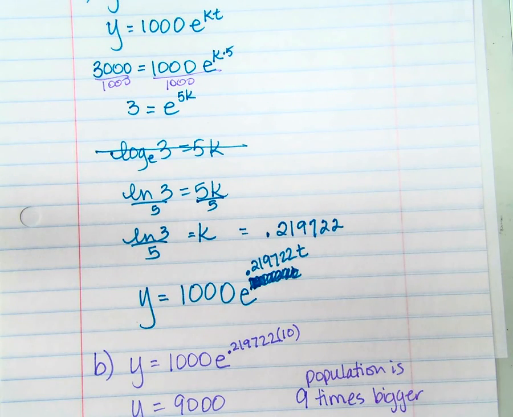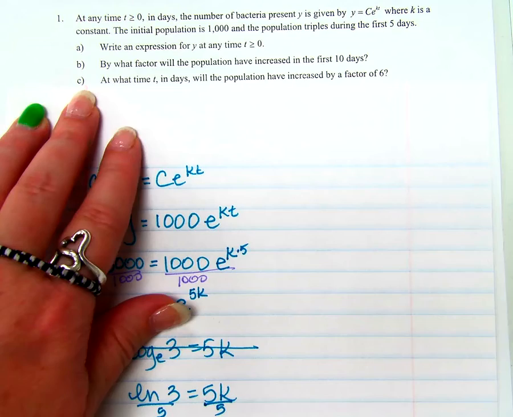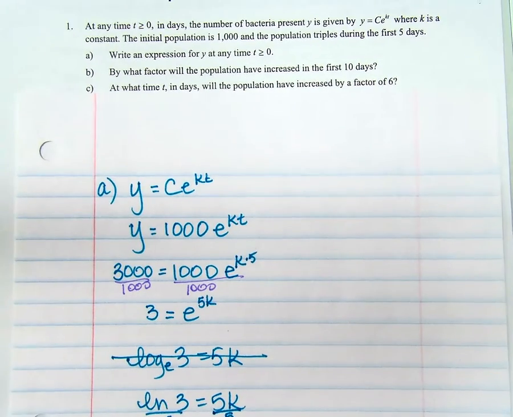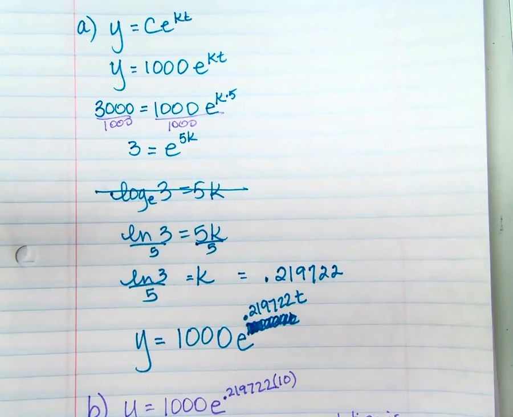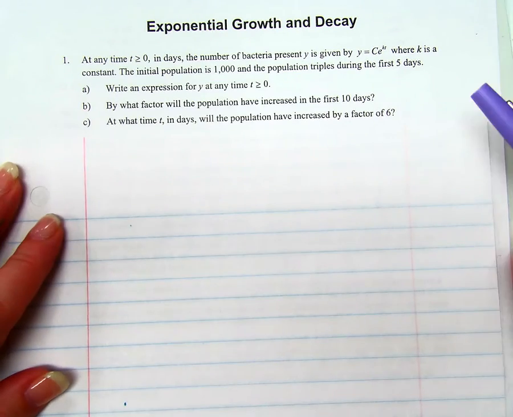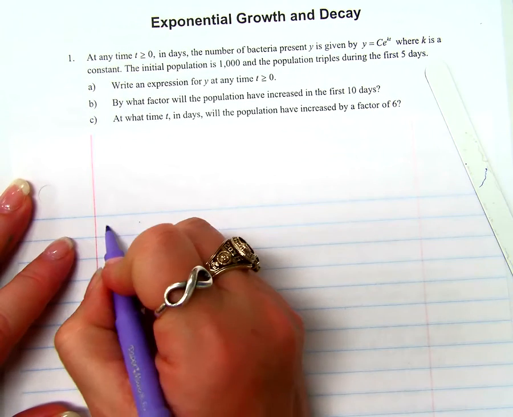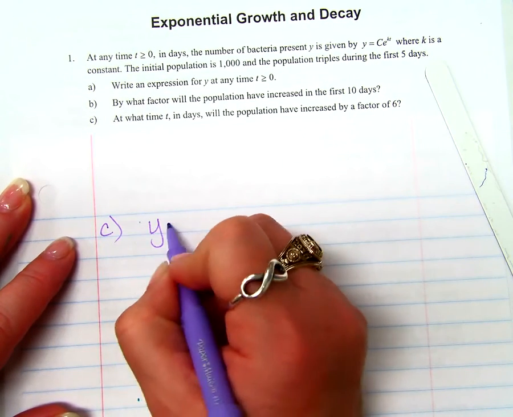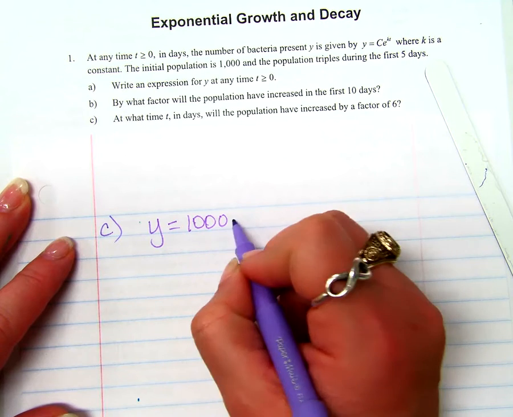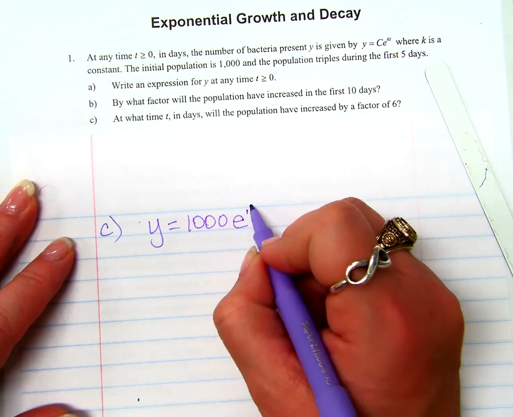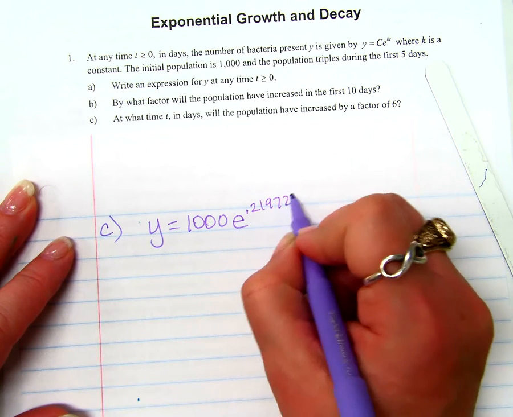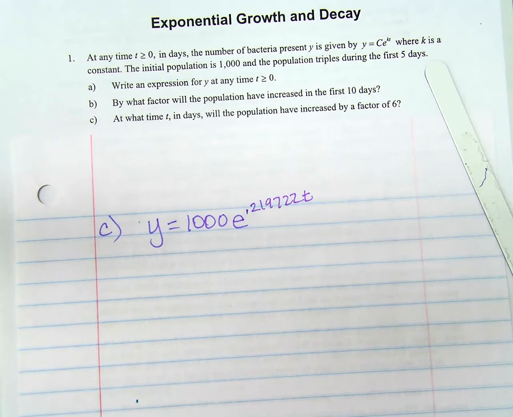At what time, this is letter C. At what time t in days will the population have increased by a factor of 6? What do you think? Where should we start? With our equation. Now go ahead and write that equation so we have it. y equals 1,000 e to the 0.219722t power.